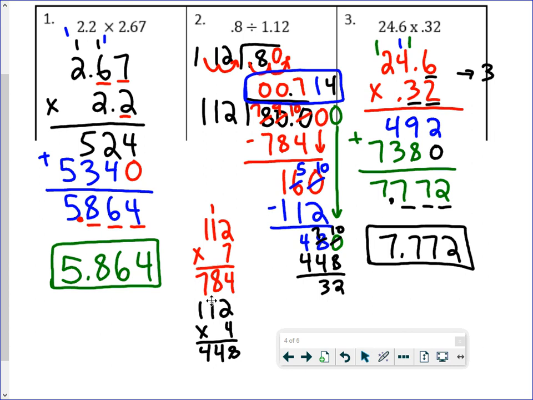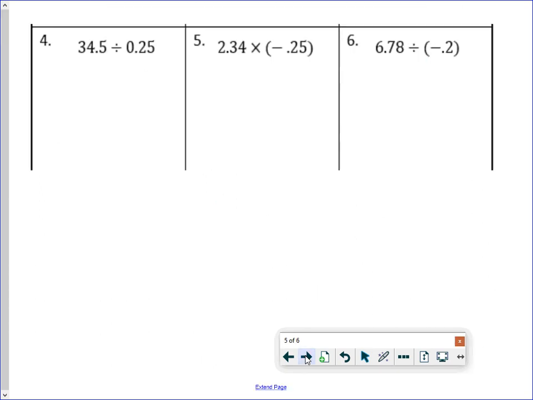Let's go ahead and look at number 4. 34 and 5/10 divided by 25 hundredths. Remember, the one on the left goes on the inside.